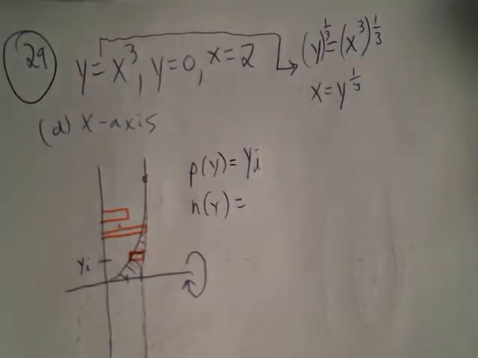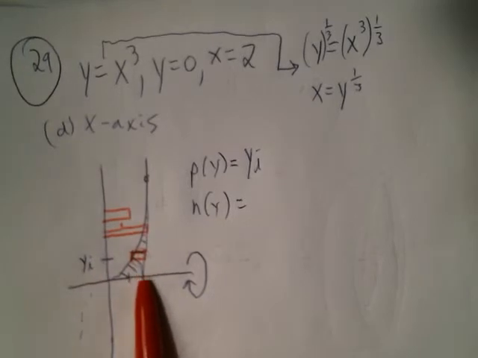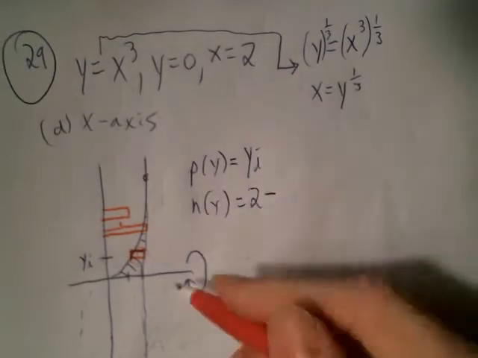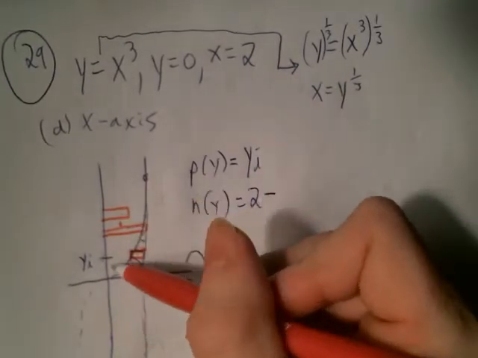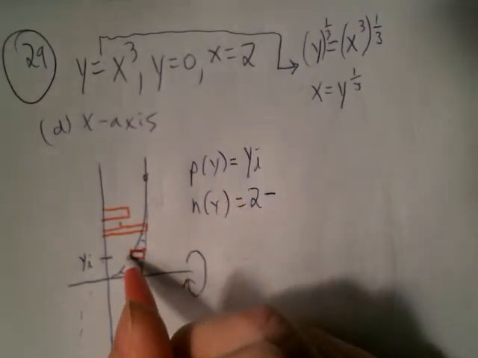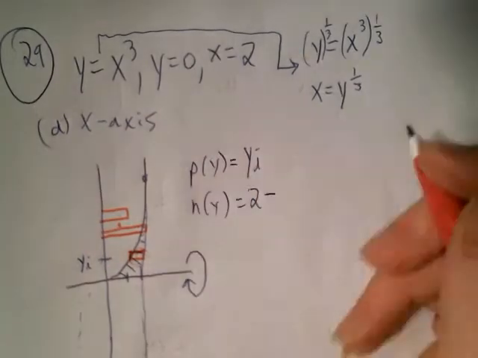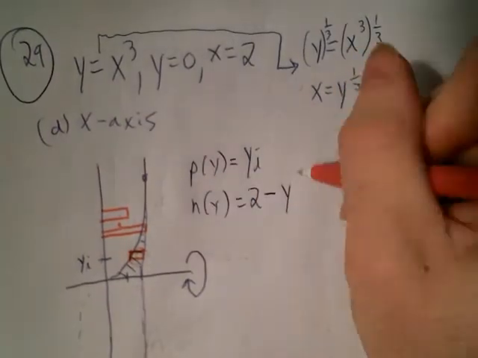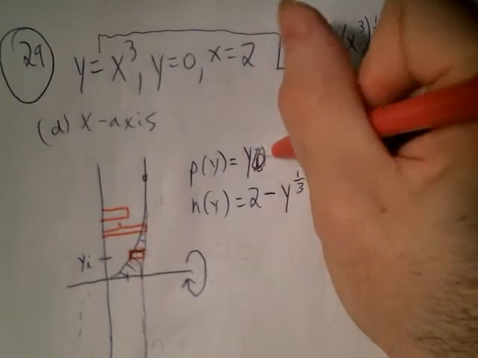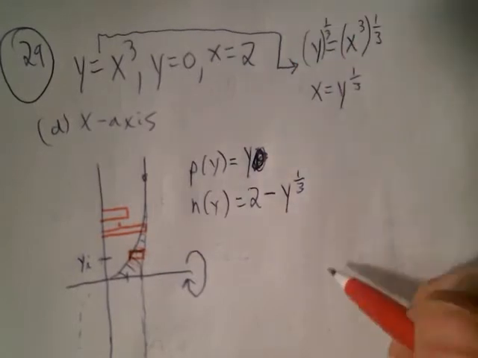So the longer distance from here to here is just going to be 2. And then we need to subtract the distance from here to where the rectangle begins, this hole, and that would be given by this formula here. So it would be 2 minus y to the 1/3. And we're going to leave it in terms of y, not y sub i at this point. So we're not working with the Riemann sum anymore.